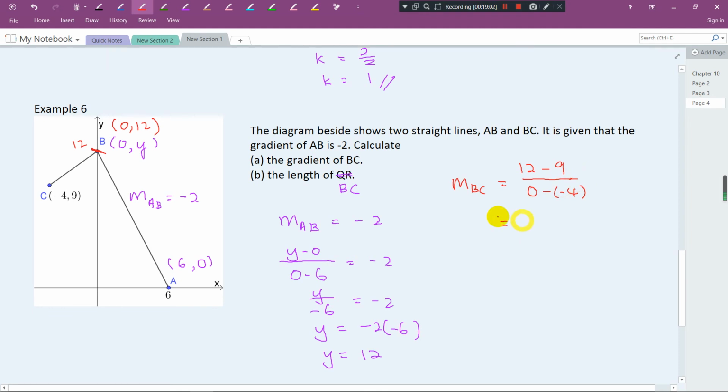Before we get the answer, we know our answer must be positive because this straight line is inclined upward. So this negative negative will give you positive. The gradient is 3 over 4.